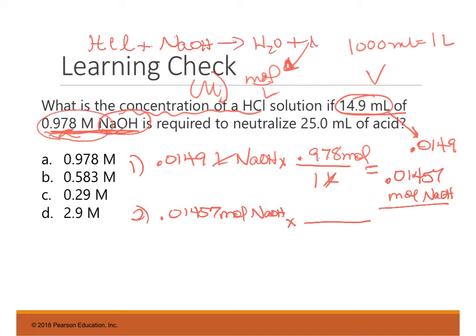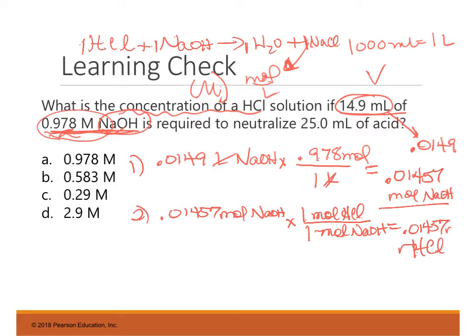You get water and salt. But the point is, looking at the stoichiometry, it's a 1-to-1 to 1-to-1 mole ratio. So that means that for every 1 mole of sodium hydroxide that's used, there's also 1 mole of HCl that is used. So we have the same number of moles of HCl as we do NaOH.